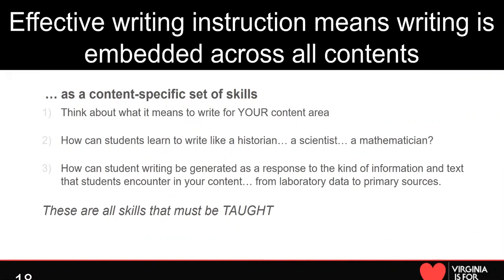That may be thinking about writing like a historian when it comes to analyzing documents and assessing bias and using evidence that's sort of scattered across time to make an argument related to history. It could mean using lab data and assessing what that means, like as a scientist would, or it could mean writing as a mathematician may write. It is going to vary the type of writing by content area.